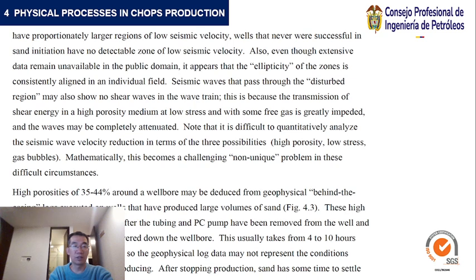High porosities of 35 to 44% around a wellbore may be deduced from geophysical behind-the-casing logs executed on wells that have produced a large volume of sand.